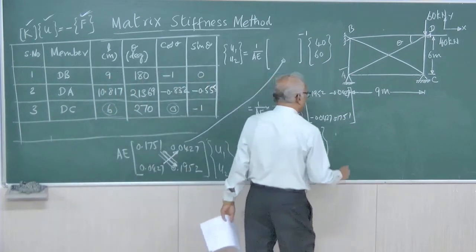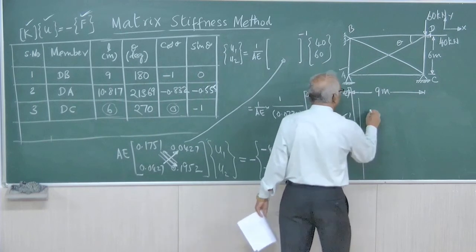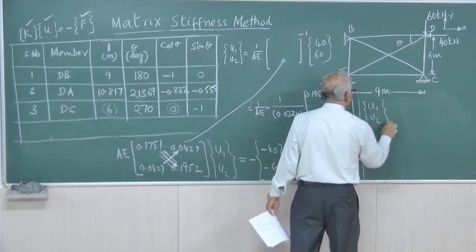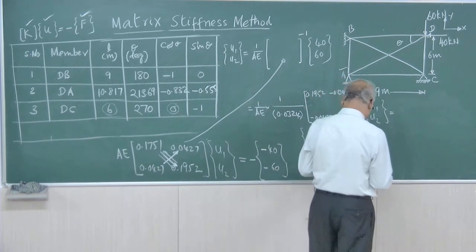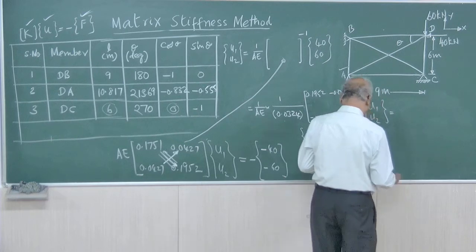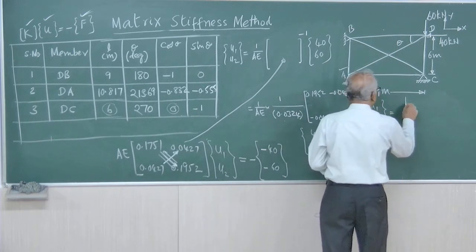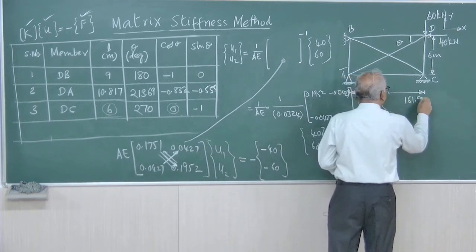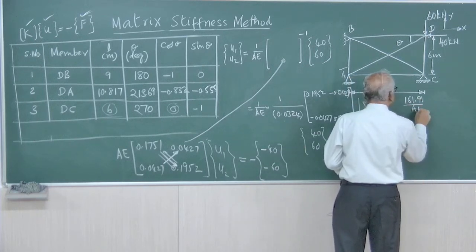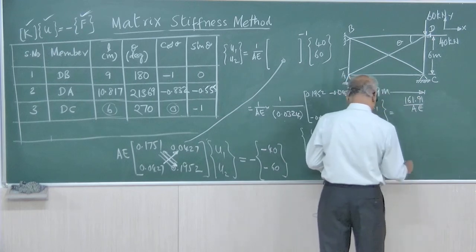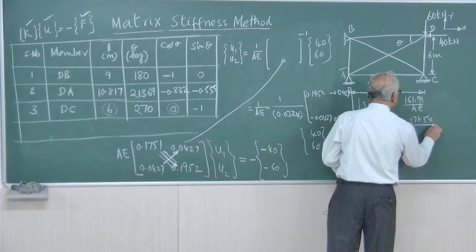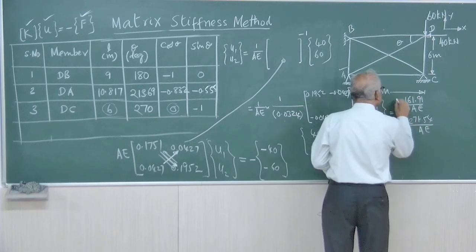Therefore, on calculations, we will get U1, U2 equal to 161.91 by AE as the first value, and 271.54 by AE as the second value.